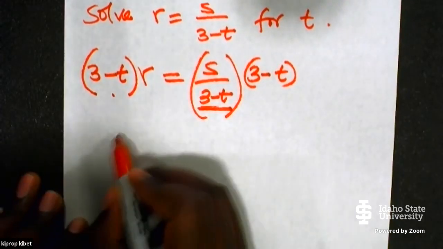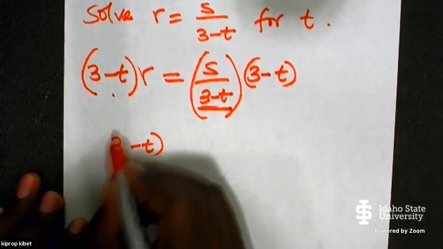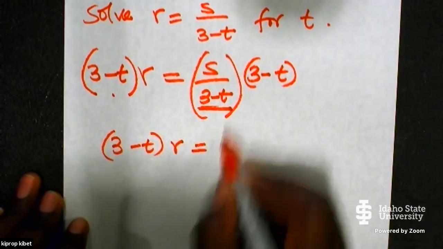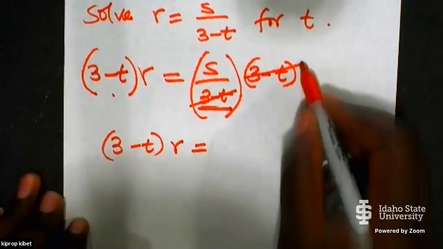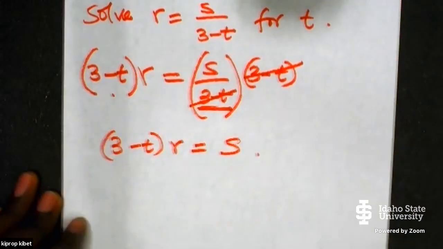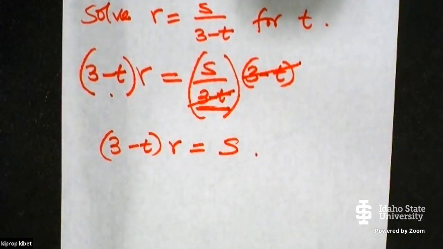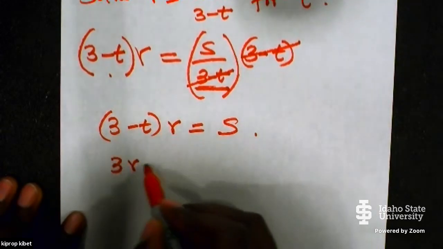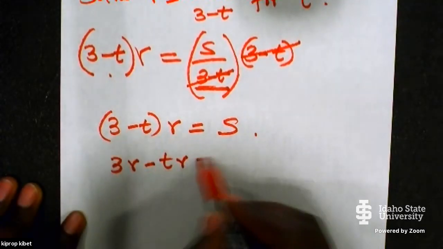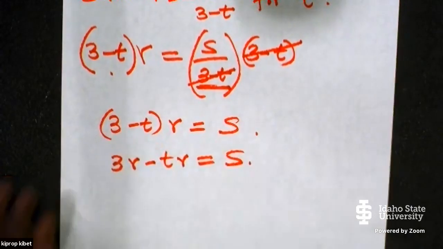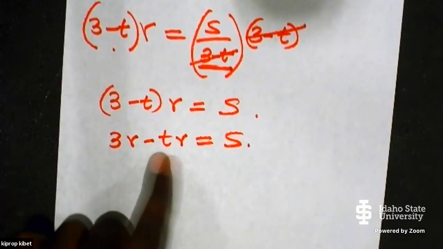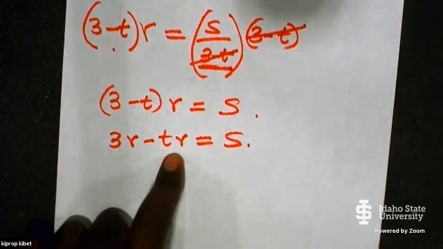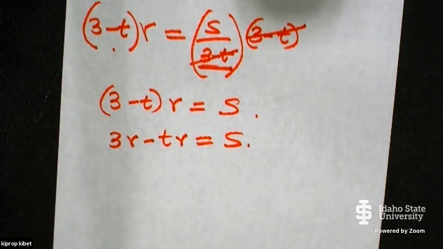So what you get is 3 minus t times r equals, because this will cancel with that, equals s. And then we open this bracket here. So when we open these brackets, we get 3r minus tr equals s. So we want to make t the subject. That means we need to take the other ones to the other side.